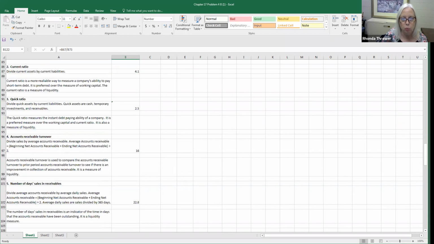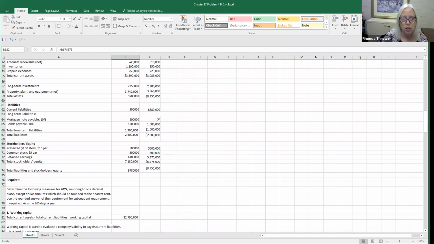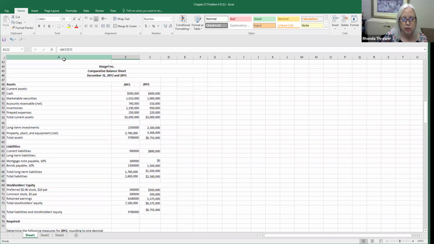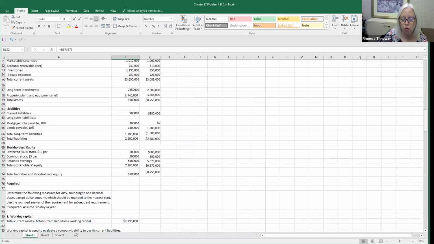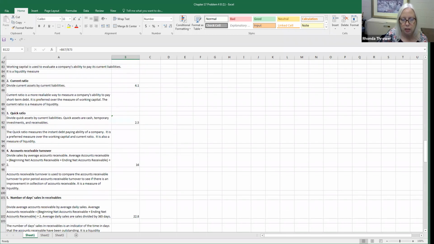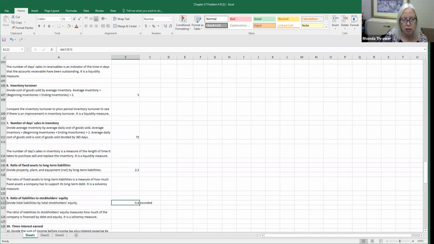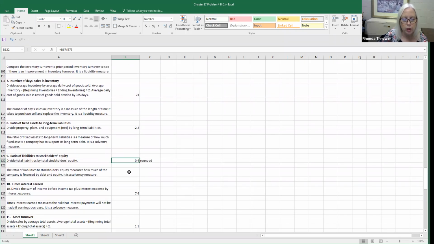If I go back up the page to those cell addresses, you can see that B67 is our total liabilities. We're going to divide our total liabilities by our total stockholders' equity. And that gives you a ratio of liabilities to stockholders' equity of 0.4. And this is a rounded amount. It's actually 3.6. And so they rounded it up to 0.4.